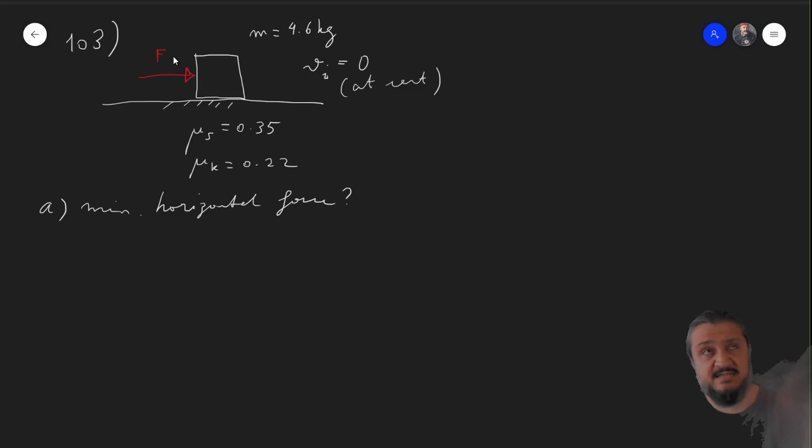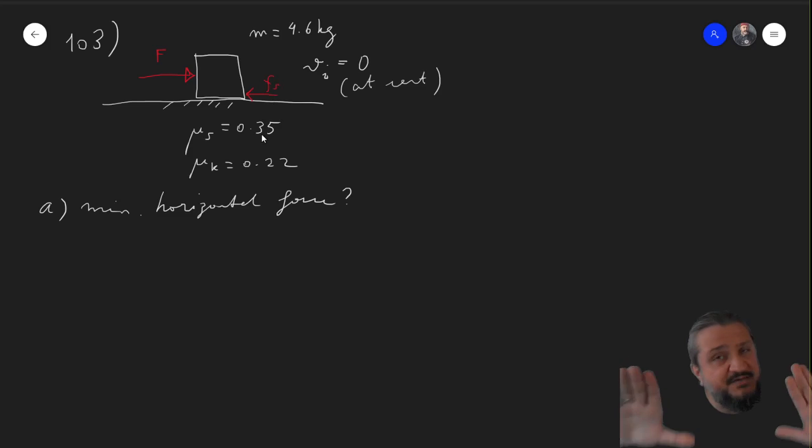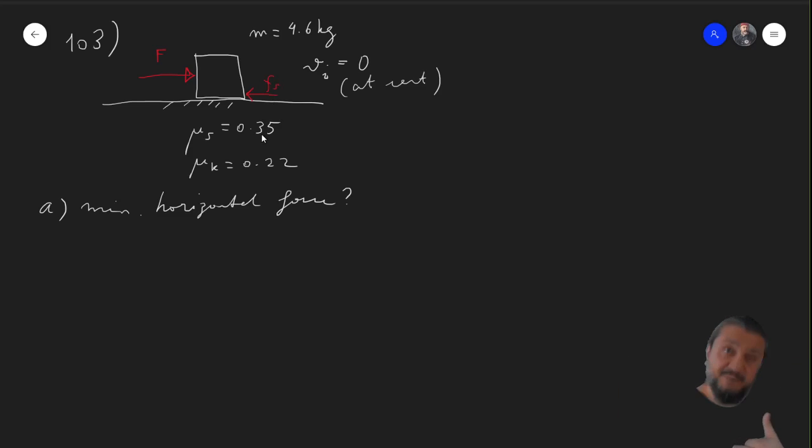If this force is less than a certain value, the object will not move, all right? Which means there's an opposing force to it, and that is a static friction force, Fs. And as you increase the force you exert on it, in return, the static friction force also increases. As long as the object is at rest, the two forces, F and Fs, will be equal in magnitude, only opposite in direction. So Fs is not a fixed number. It depends on F that you're pushing it with.